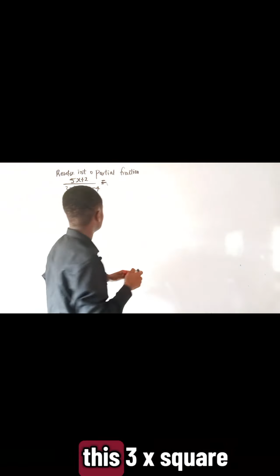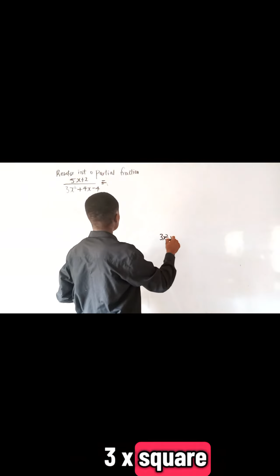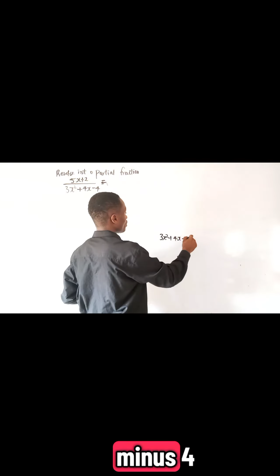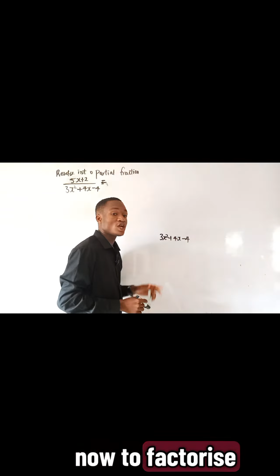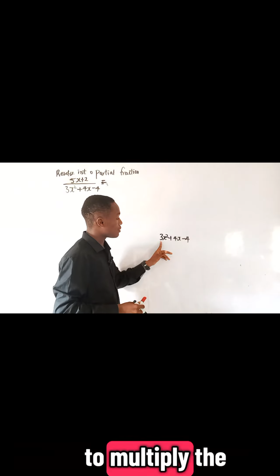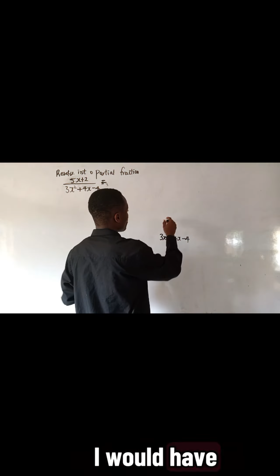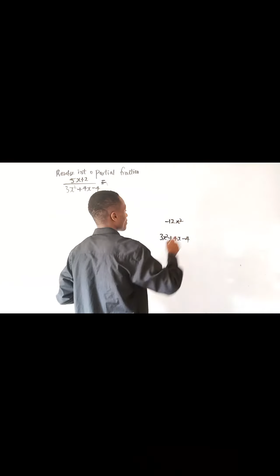So let's factorize this: 3x squared plus 4x minus 4. Now, to factorize a quadratic expression that can be factorized, the first step is to multiply the first and the last term. So if I multiply these, I would have minus 12x squared.